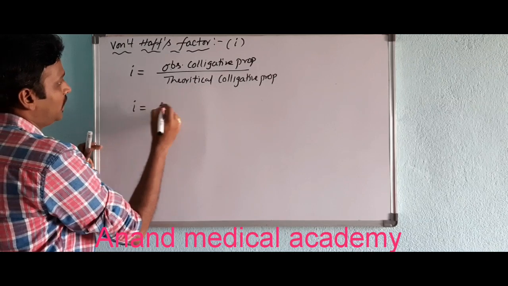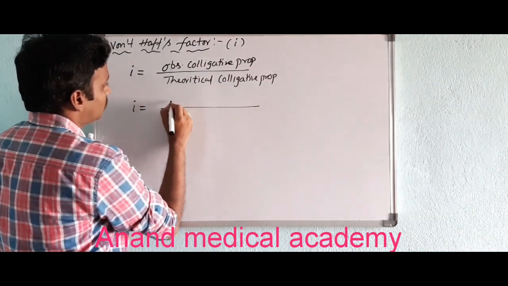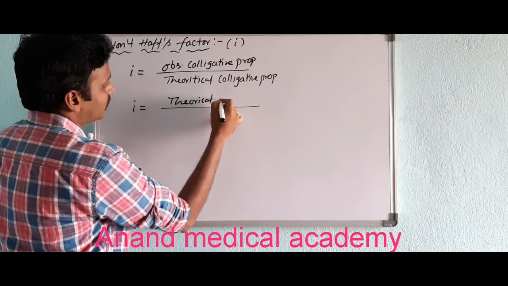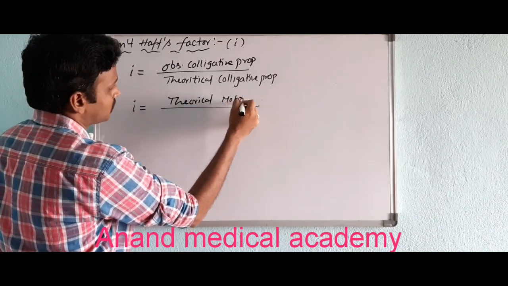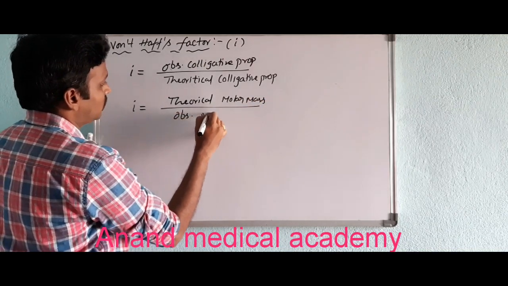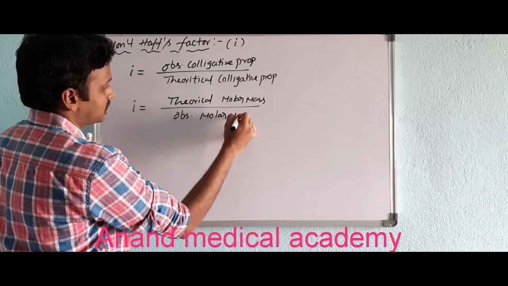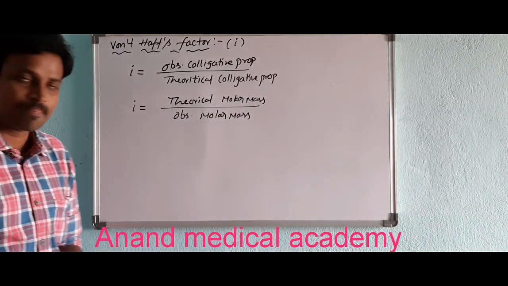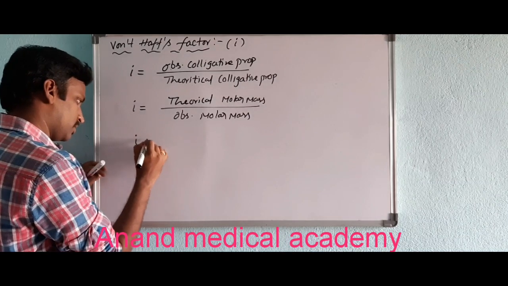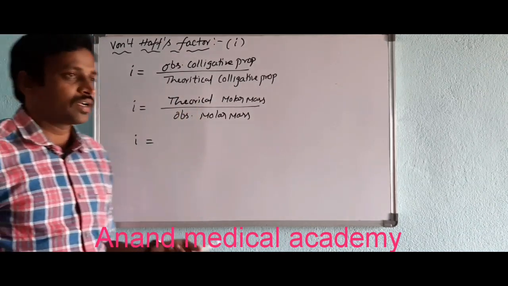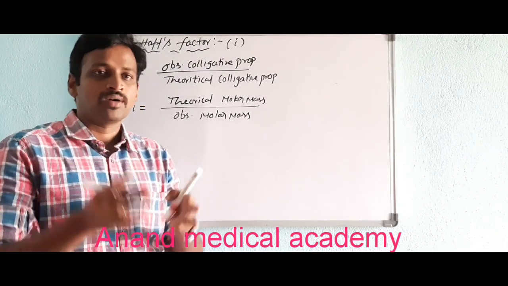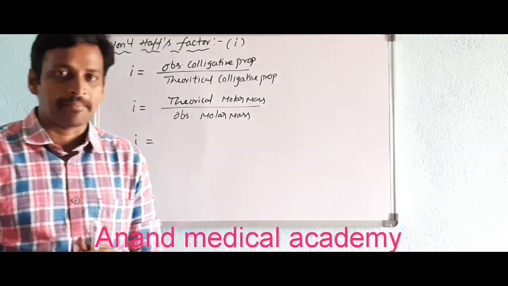So you can take i as the reverse: theoretical molar mass to observed molar mass. This you can take like this. But finding the van't Hoff factor this way is difficult, in the sense that every day we cannot do practicals. We cannot go to the lab.